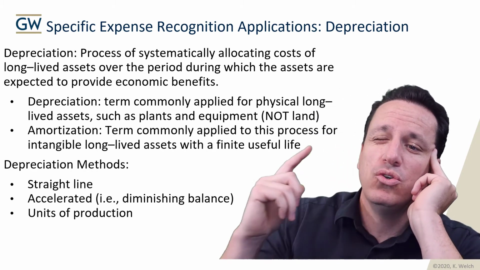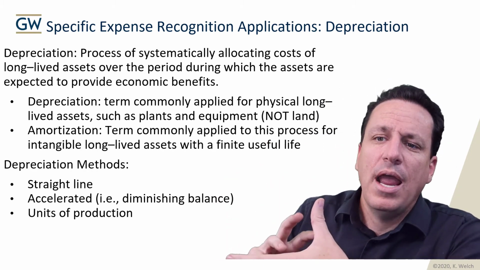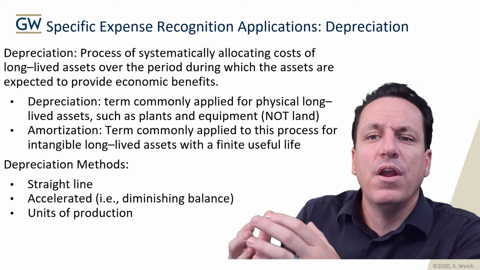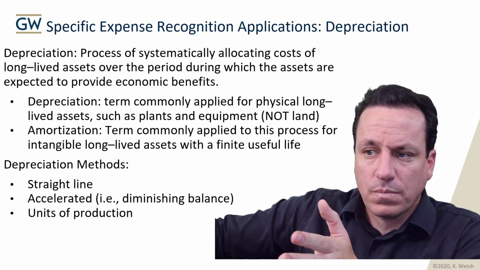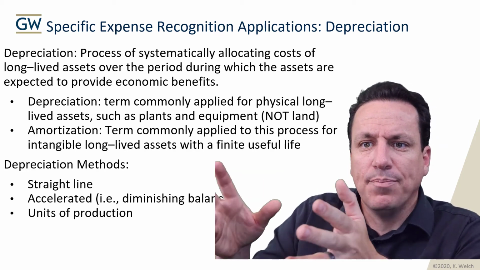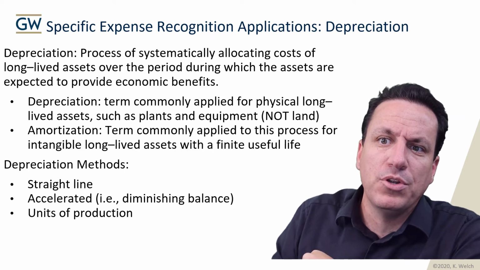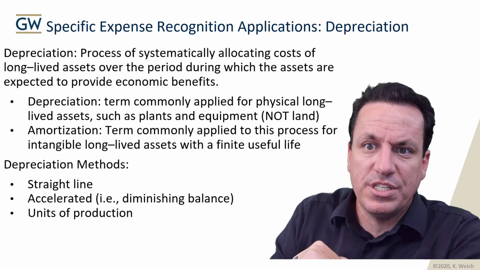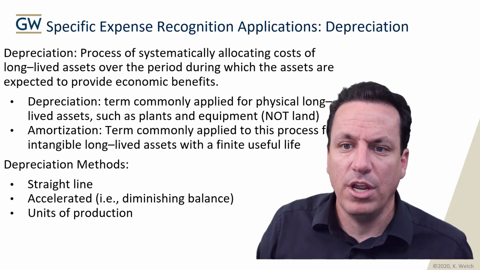Amortization is applied to intangible assets. Amortization and depreciation are pretty interchangeable as far as terms, except that with amortization there's a finite useful life. It'll end up being gone. And with depreciation, you'll have accumulated depreciation that will accumulate over time and then will be gone as soon as we sell that asset. As soon as we get rid of that asset, it will be gone.